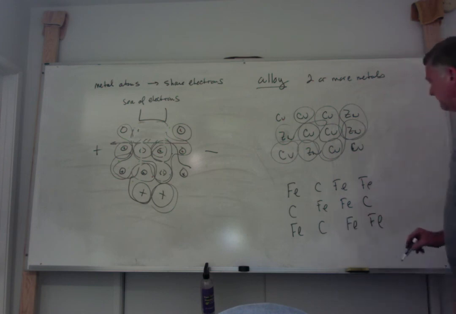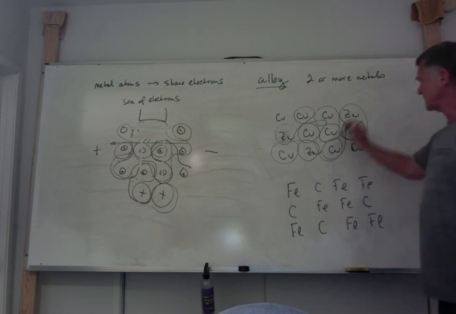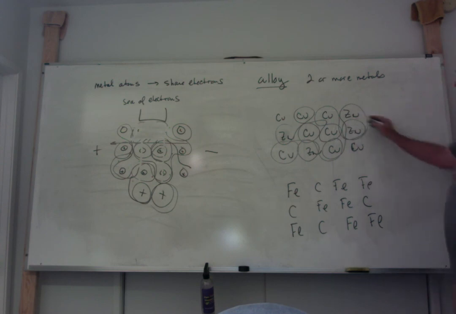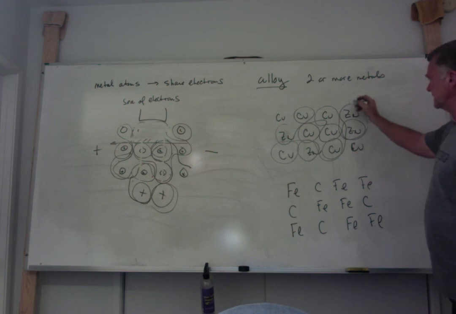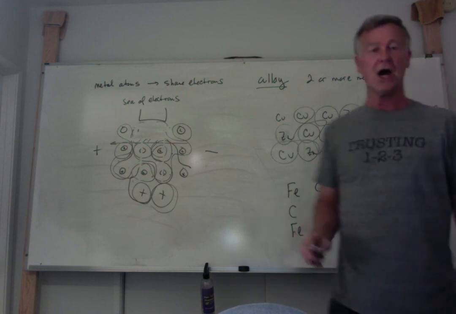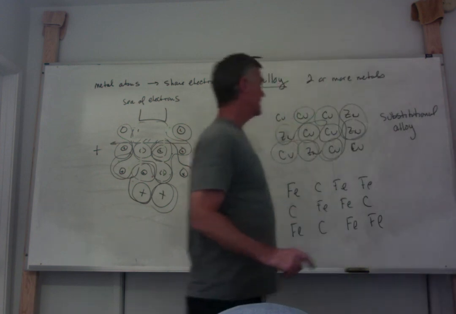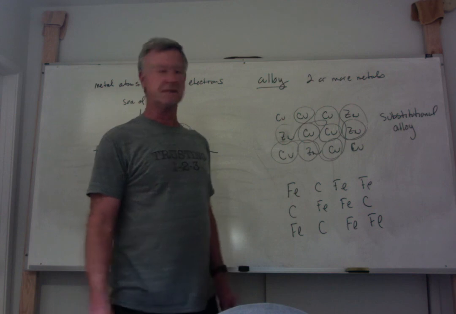And this does the same thing, although carbon doesn't share quite as much, but you'll have the same situation as here. If the two atoms that are making up the metal are close to the same size, we call this a substitutional alloy. And it will basically share the properties of both. Oh, it's called tempered steel. It's steel when it's iron mixed with something else, and then it's tempered.